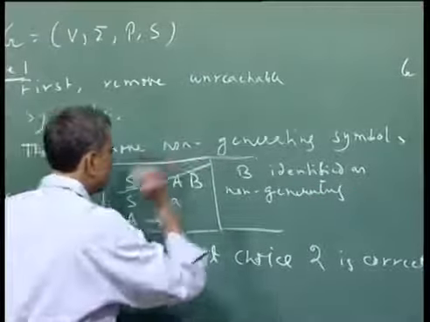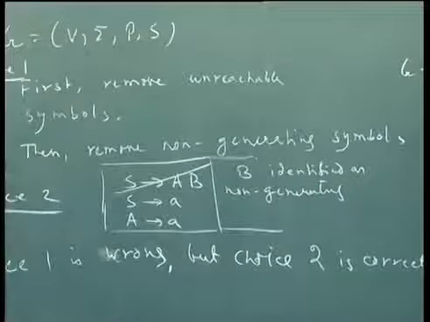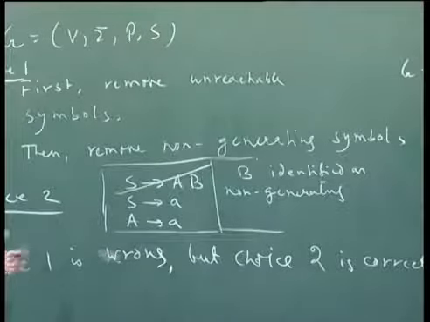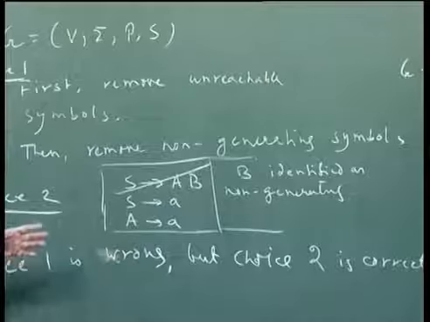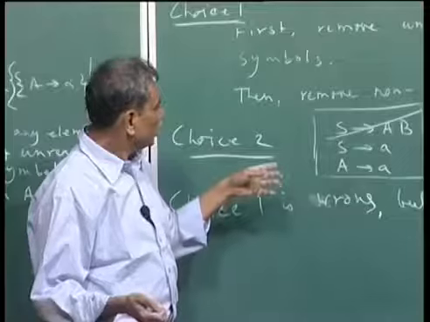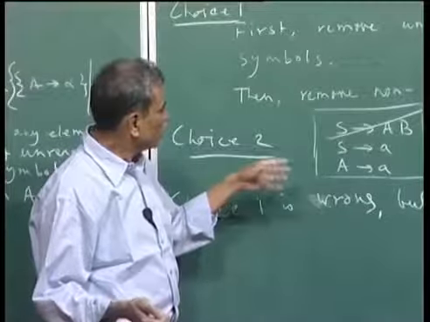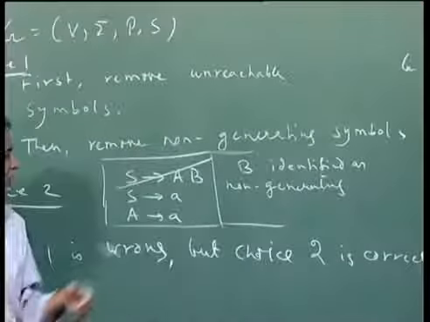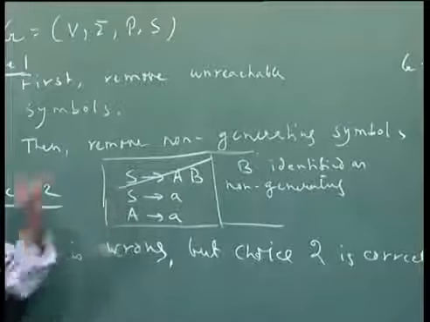Therefore, this production will go out, and now that is all you can do. You will remove all productions involving B, and of course, you will remove the non-terminal B also, and then you are left with this.